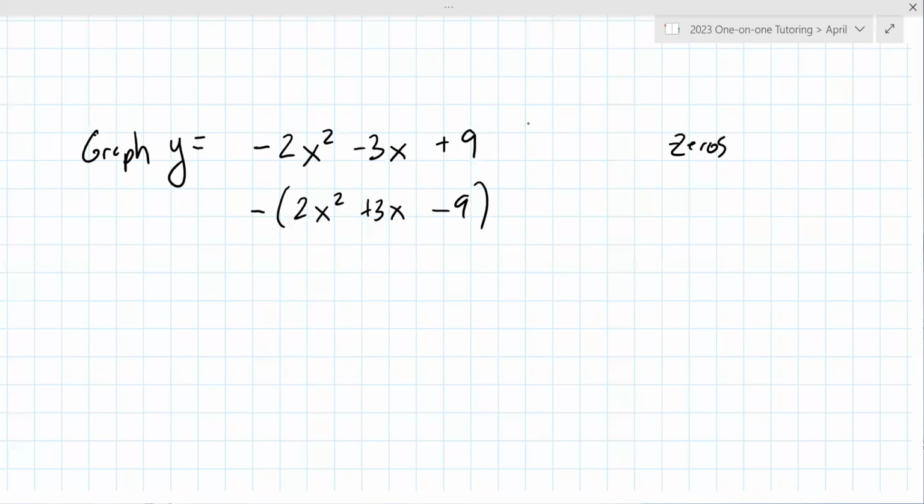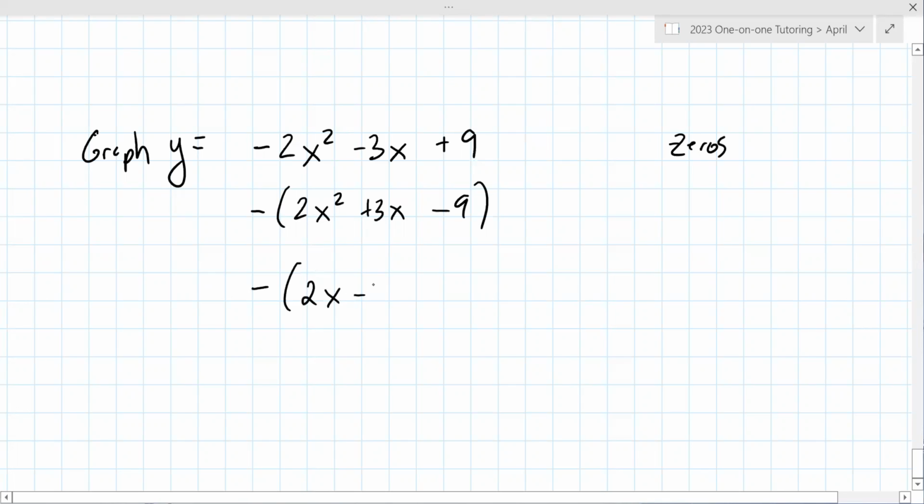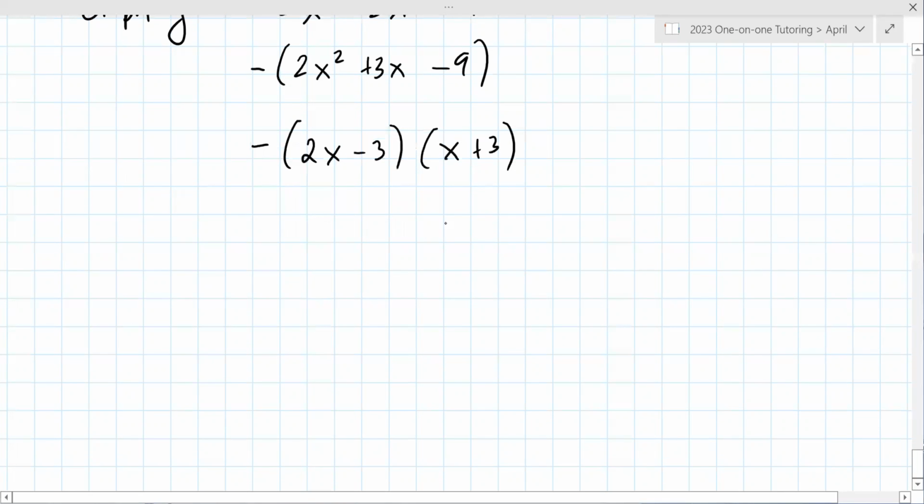The zeros I got are -3 and 1.5. Yes. So the factored form should look something like 2x minus 3, x plus 3, like that. And you're right, you've got one at -3, and then 3/2 there.